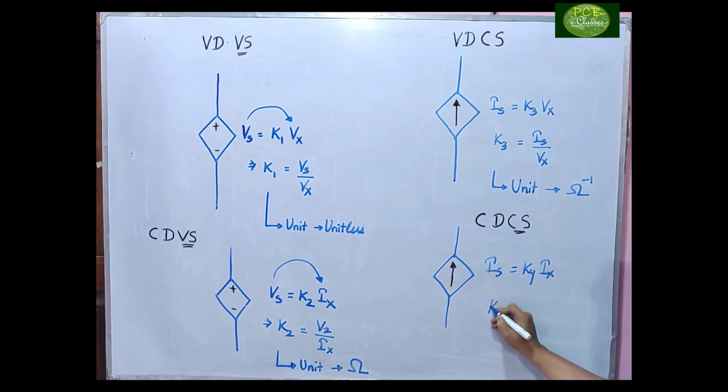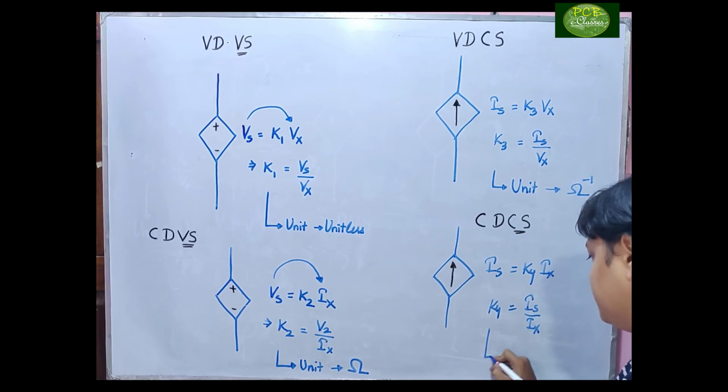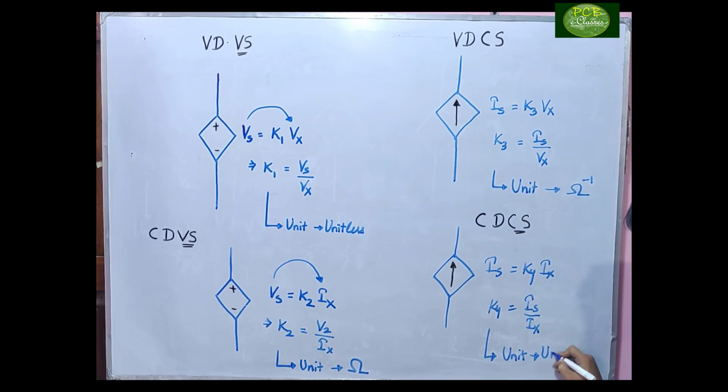Fine. So K4 will be equal to Is by Ix. What is the unit of Is? Ampere. Ix, ampere. Ampere by ampere, unitless. So what is its unit? It's unitless.